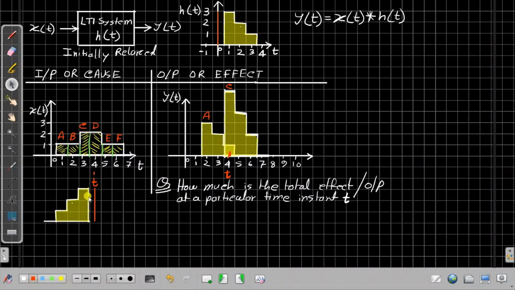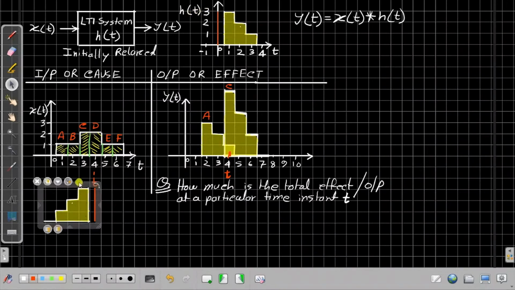So if I want to know the total effect at time t, I will put this red marker directly below this. And this red marker is actually originally this origin t equal to 0 of impulse response.